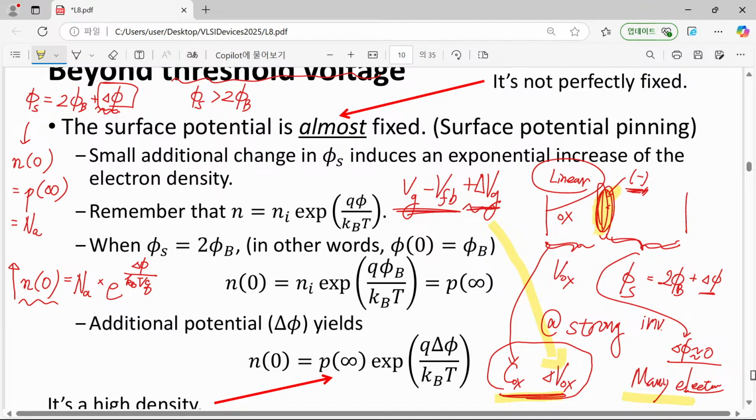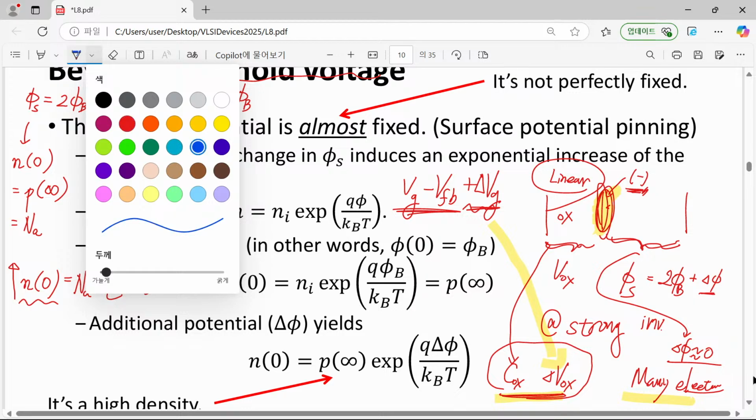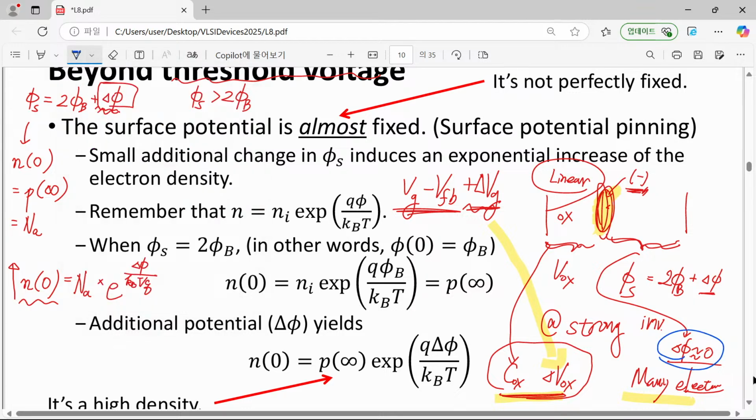If we assign too high a delta phi, the substrate says, oh, I can collect so many electrons additionally, it's not that difficult for me. But oxide says no, if you take too much voltage, there is nothing left for me, so I cannot match your sharp increase in electron density, so we cannot have a balance.